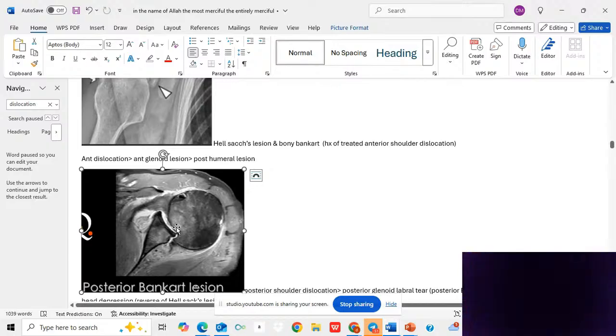Yes, this is the posterior glenoid labrum tear, which is called posterior Bankart. It's not bony because it's only of the glenoid labrum. It doesn't affect the bone. So this is a posterior Bankart lesion or reverse of Bankart lesion.